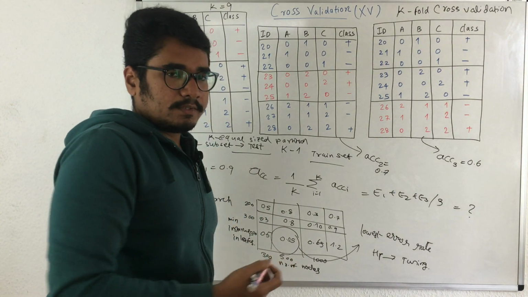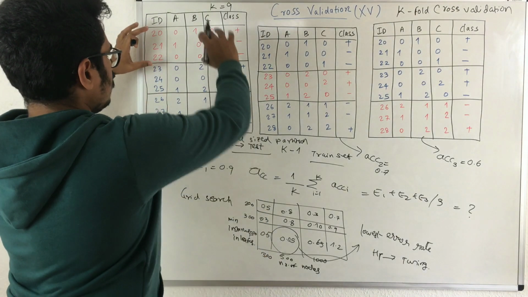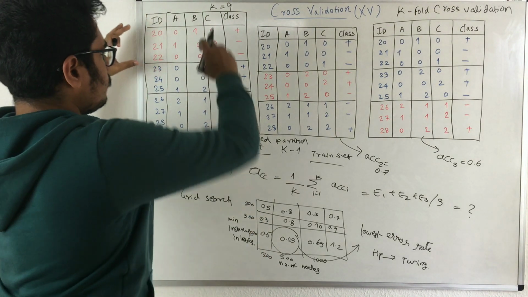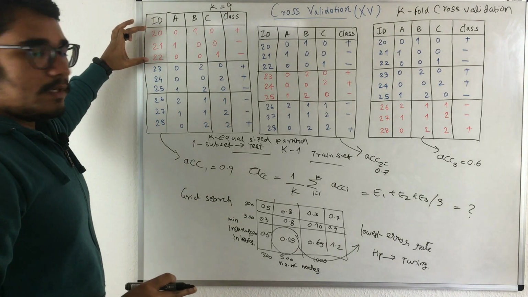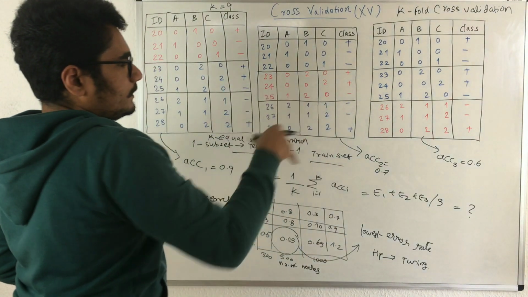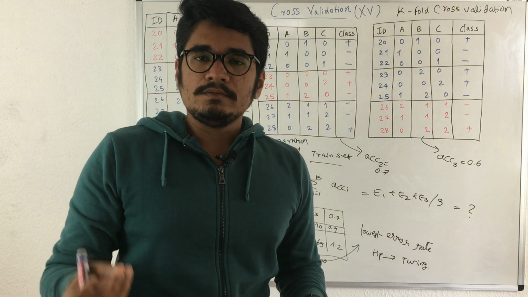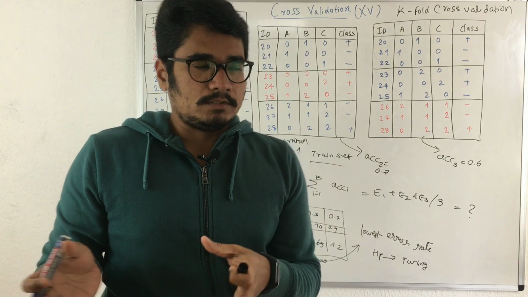Now there is one disadvantage: you select the test set in a fashion where first this set will come, then in the next iteration this will be the test set, and then this will be the test set. So in this approach the generalization error or the error estimate recorded is usually poor.